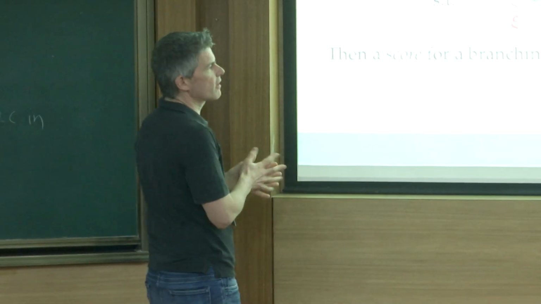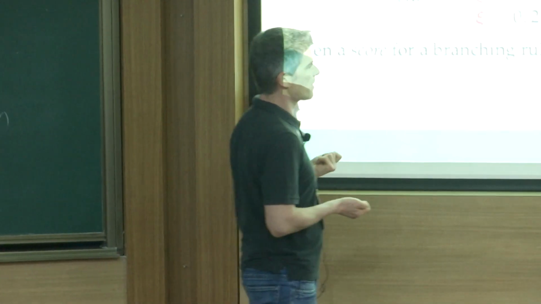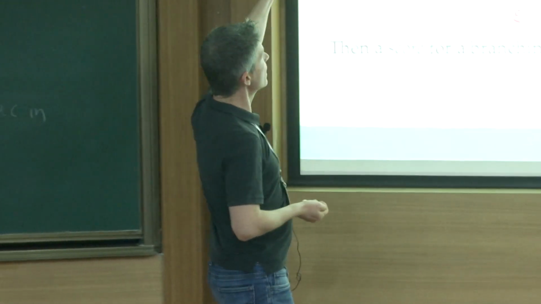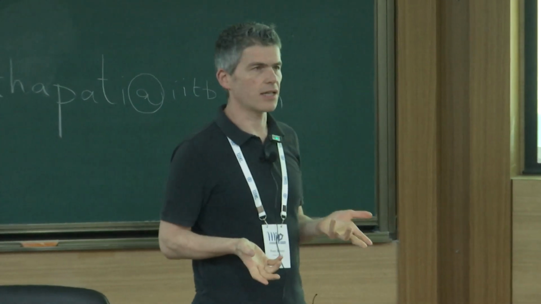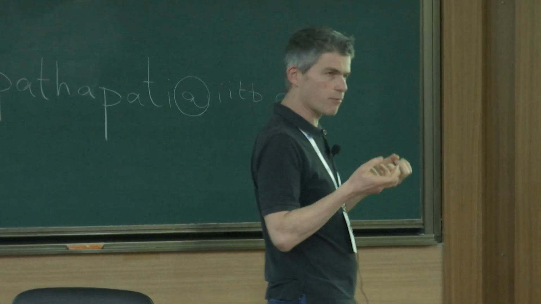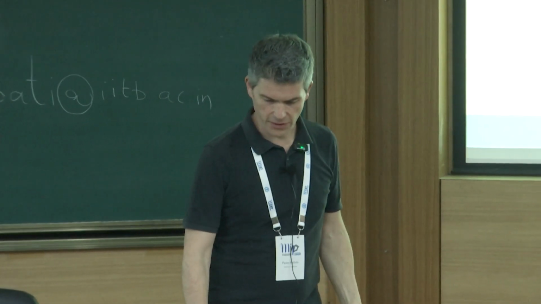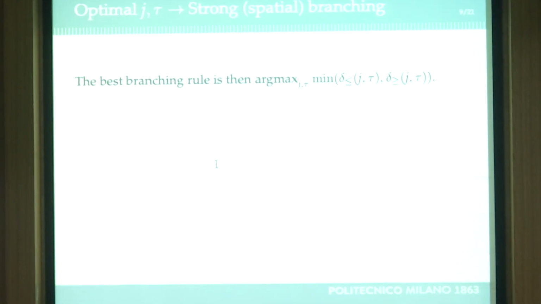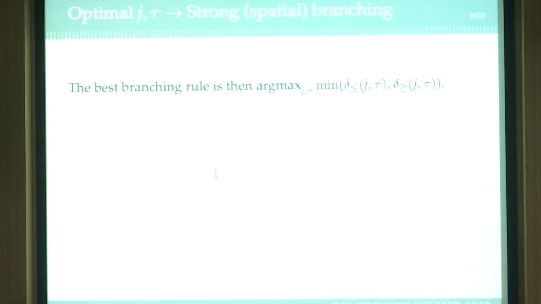Typically, but that's not necessarily true for every solver, you get a score for every decision defined by a variable G_j and tau that is given by the minimum of those two gains in objective function, simply because I want to make sure that whatever decision I make, on both subtrees I'm going to generate, I get a decent gain in objective function. And then, once I have tried a lot of j's and a lot of taus for each j, I can select the j and the tau that give me the best possible gain in score.